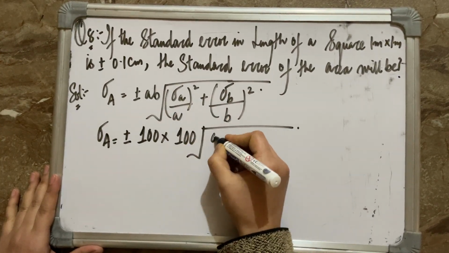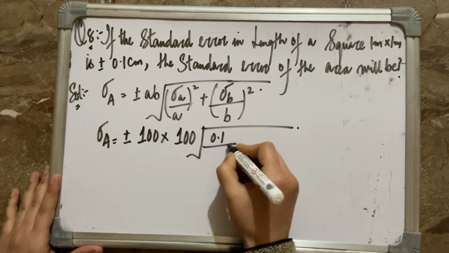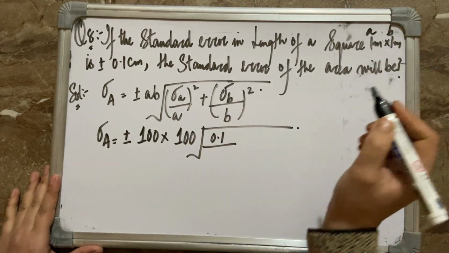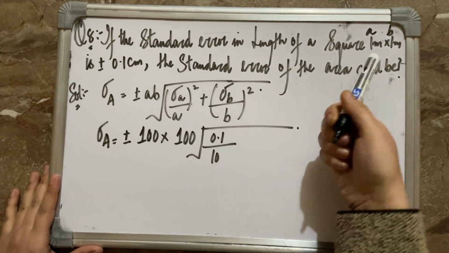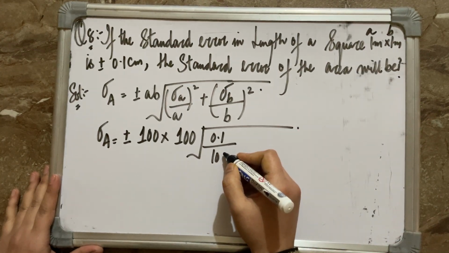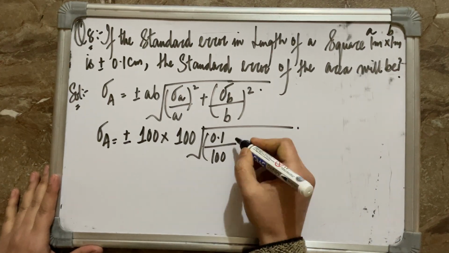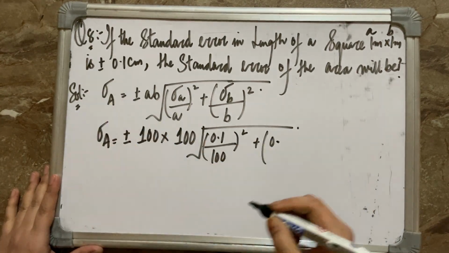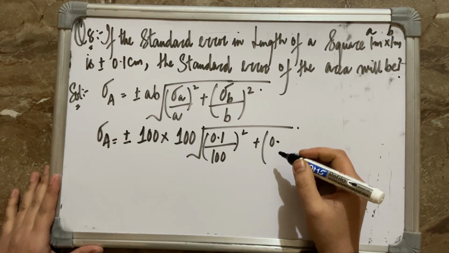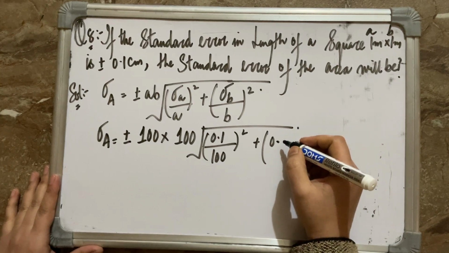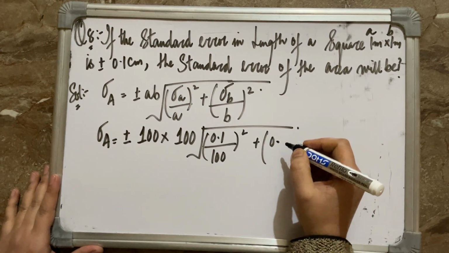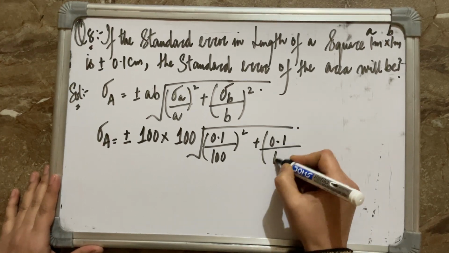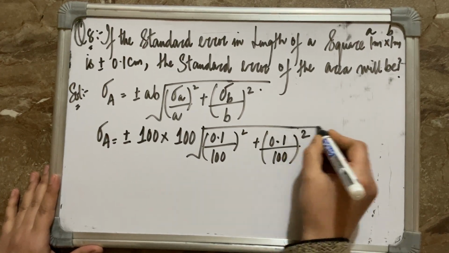Sigma A is 0.1 divided by A, this is A and this is B. Please do not confuse yourself: one side and the second side of the square. 100 square of it plus, both have the same standard errors, 0.1 divided by 100 square of it.